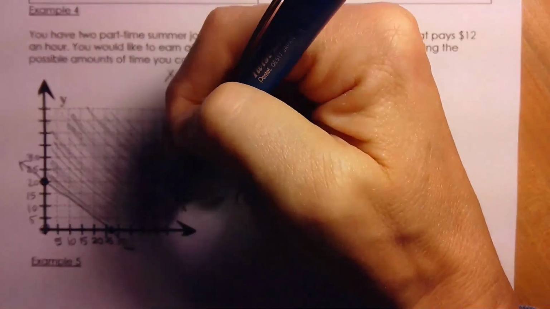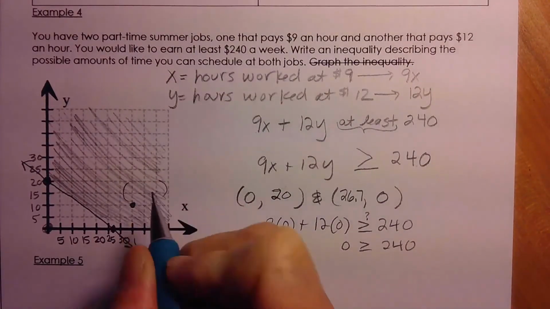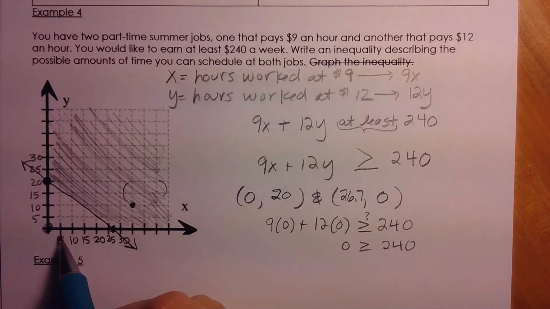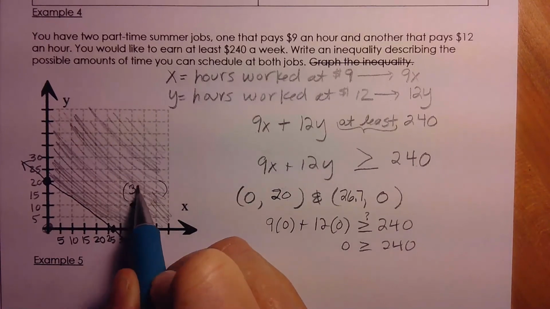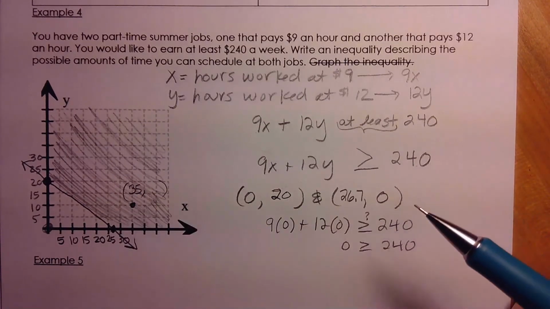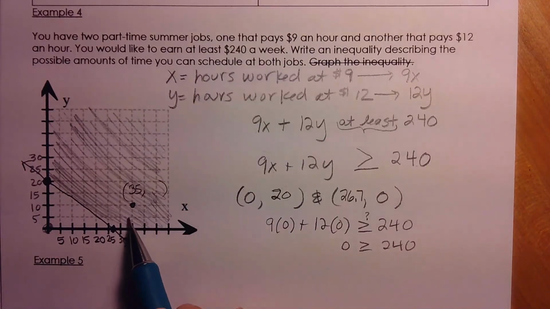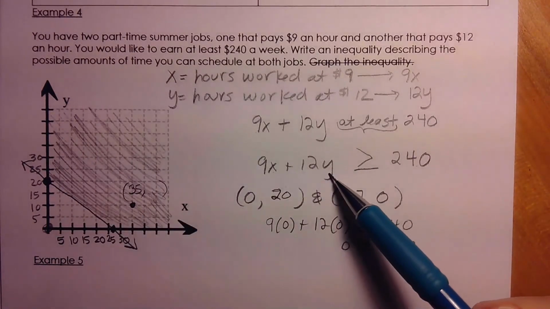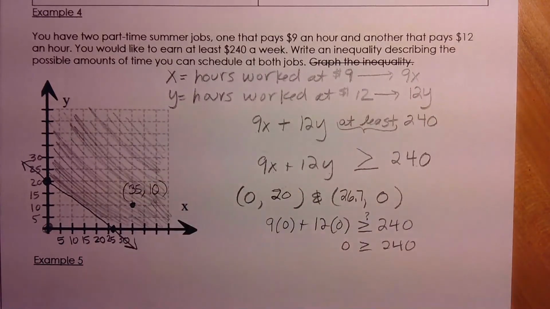All right, so that means any xy coordinate that you pick out here is going to be the number of hours that you have to work at these two jobs to earn at least $240, right? So I just randomly picked 35 hours at the $9 per hour job combined with, wow, that's a lot of hours, combined with 10 hours at the more expensive job.